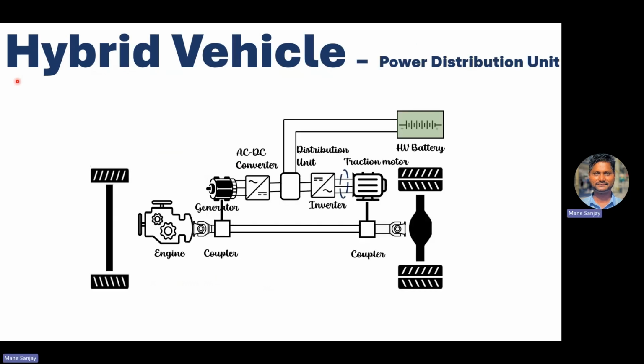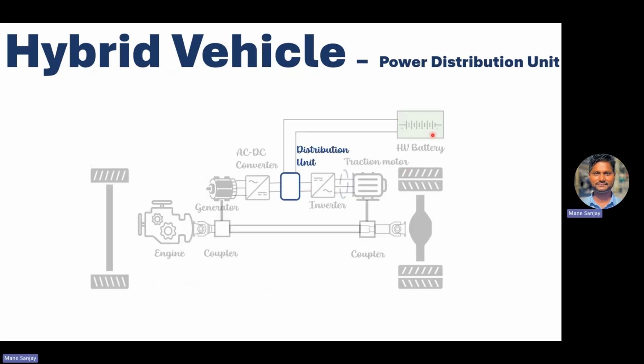And the second last, very important component is the power distribution unit. Sometimes it is called a distribution unit, or sometimes a junction box. Here it is located. It takes the power from the high voltage battery as well as from the charging system.